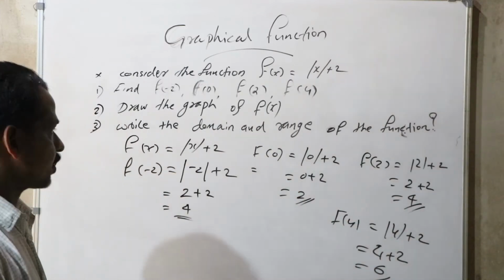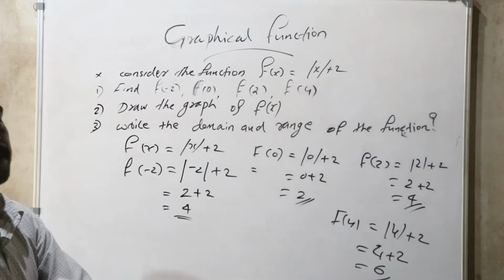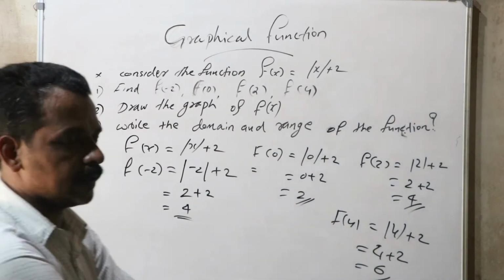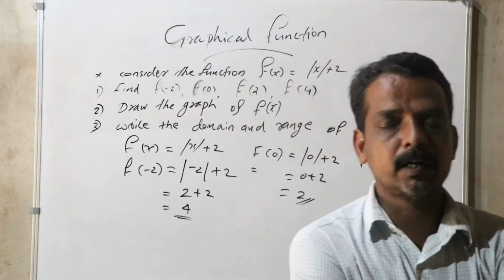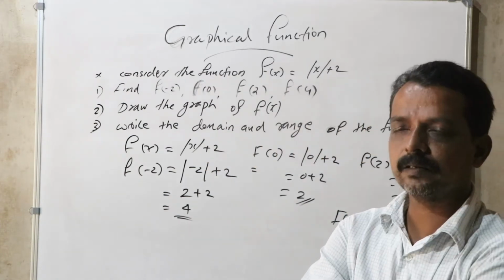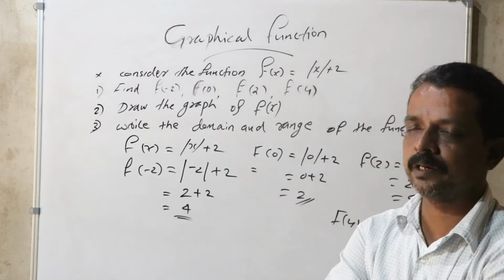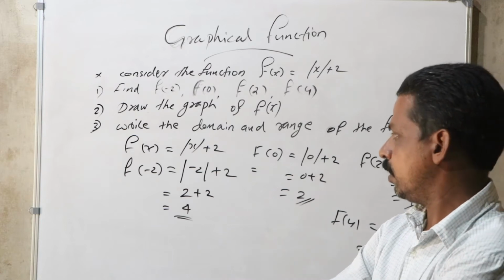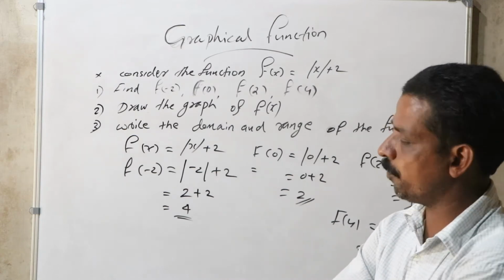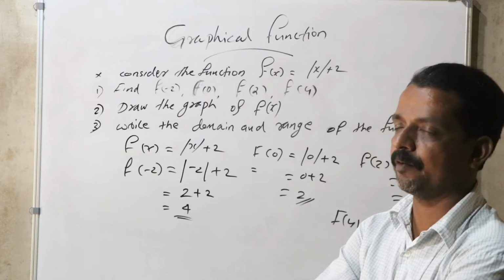Next question is draw the graph of f of x. First question, we must ask ourselves what we must find out. We must draw the graph. What is given? Here given f of x. And next question, whether we know what a graph is or how we create a graph from f of x.